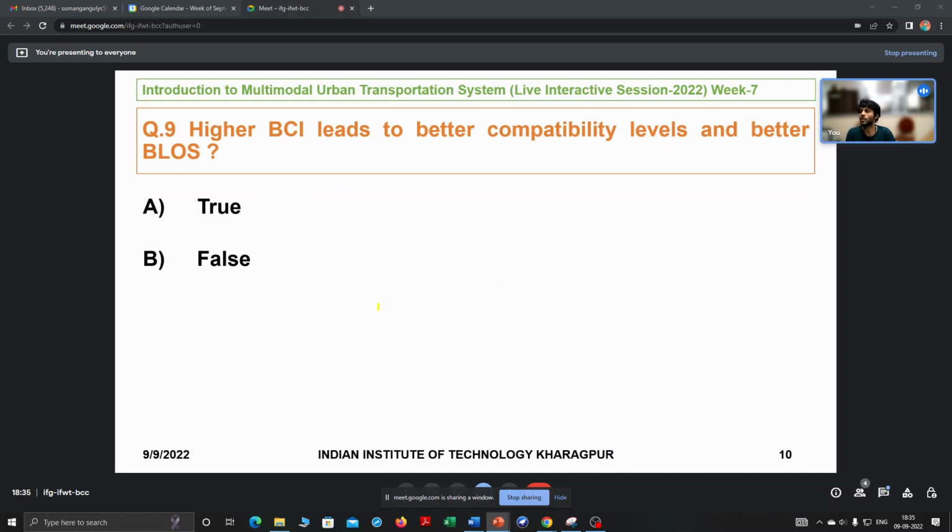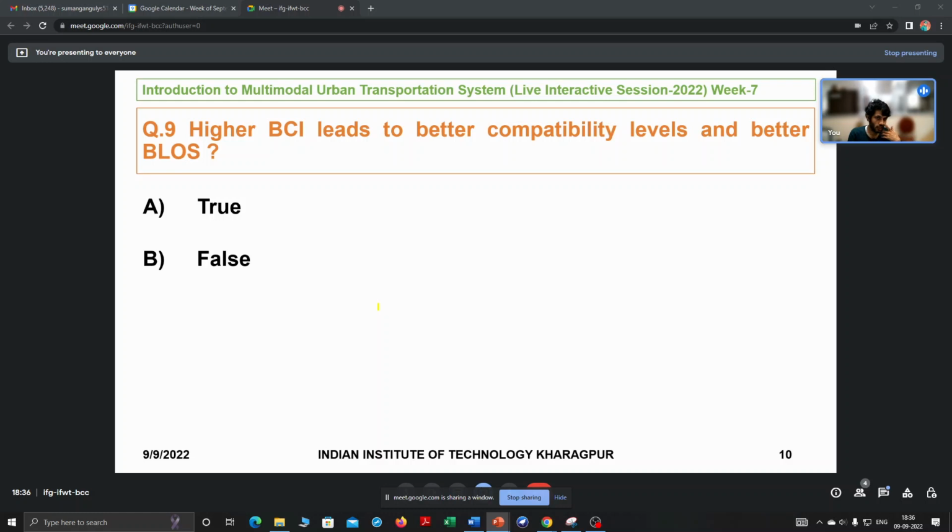So now tell me, as you now know that we use the bicycle compatibility index to judge whether a road is capable of carrying both motorists and cyclists, what if your BCI value is high?